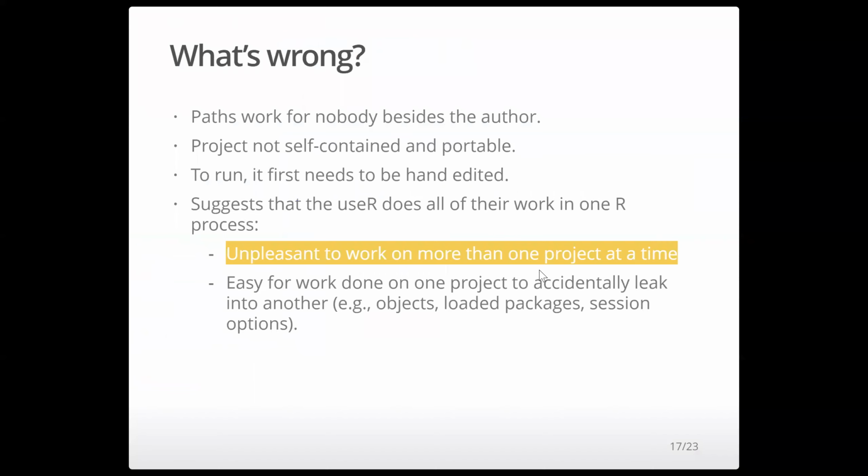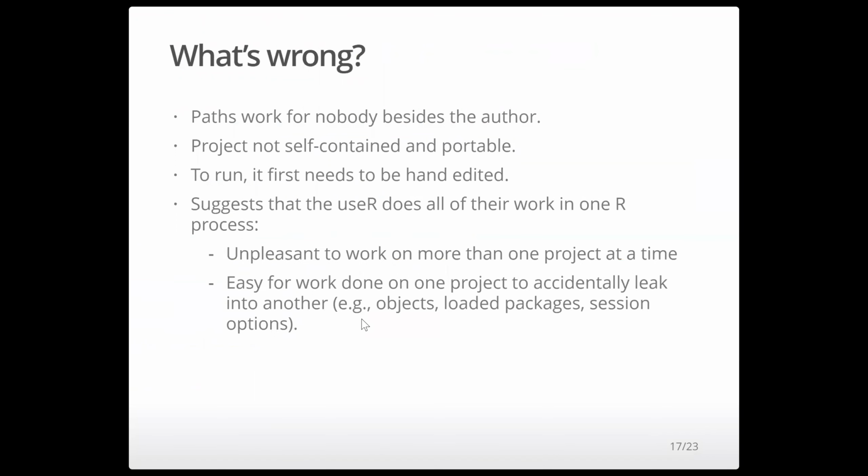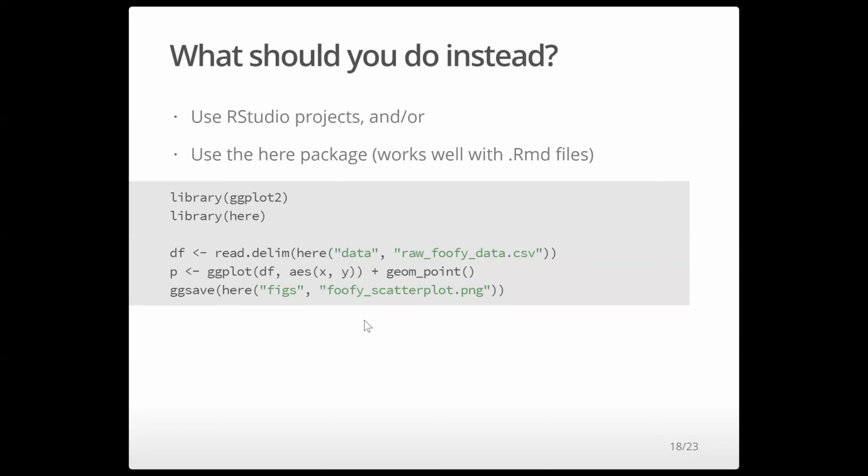So instead of manually setting the working directory, you can just rely on RStudio projects, for example, or on the here package. That is what Jenny suggests you should do instead. Either rely on RStudio projects, or you call the function here, which is very clever and identifies the root of a project by a bunch of things.